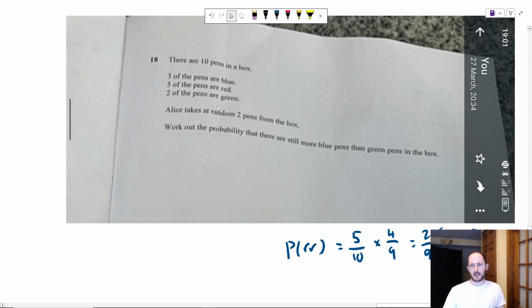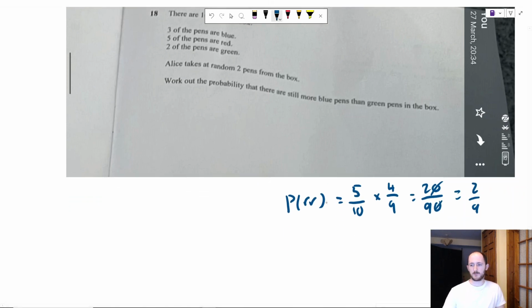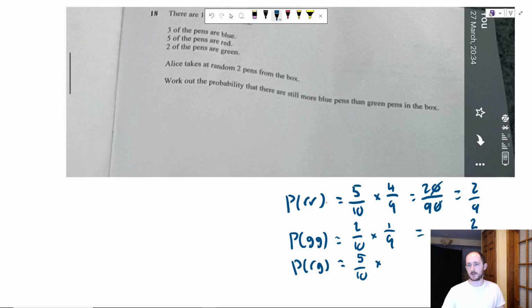So one way is to have 2 reds. The only other way we could do it is get 2 greens, or you can have a red and a green. So 2 greens would be 2 out of 10 times 1 out of 9. And lastly, 5 out of 10 times, which is 10 over 90.